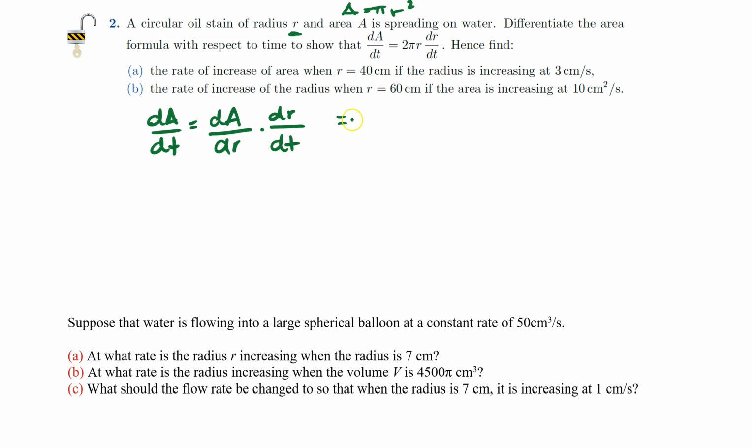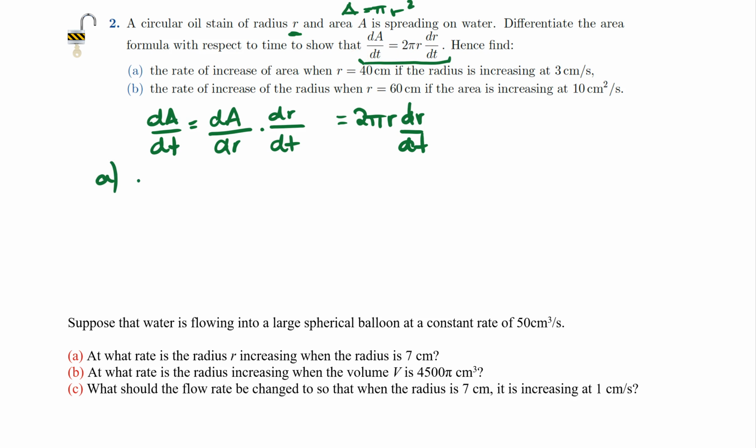So when I go to do this differential, I can find dA/dr. If A is pi r squared, when I find dA/dr, that is going to be 2 pi r. And I don't know anything about dr/dt. I haven't got an equation for how r depends on t. I don't know the rate at which the radius varies with time. So this is my connection that I've got to work with.